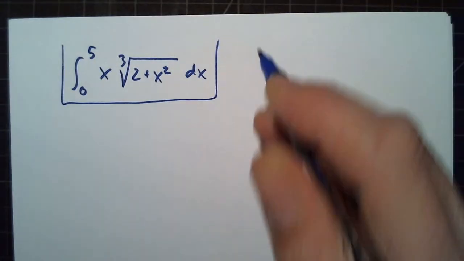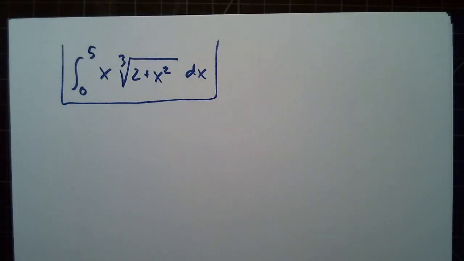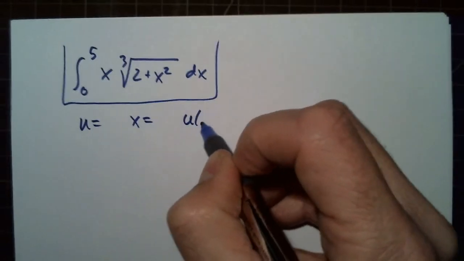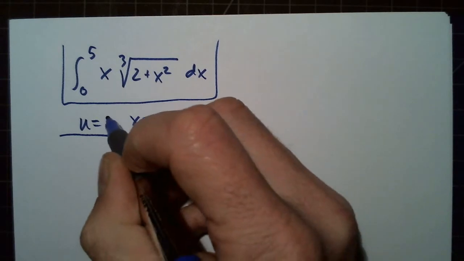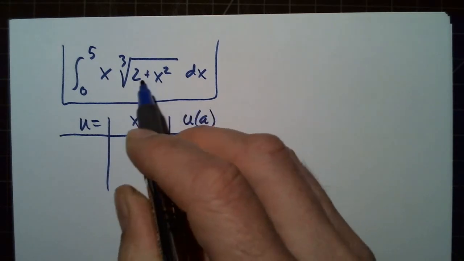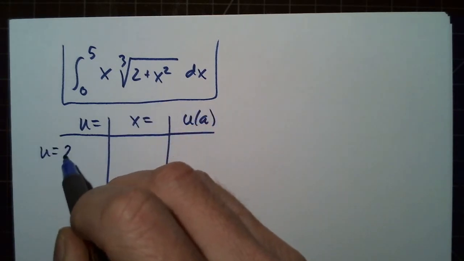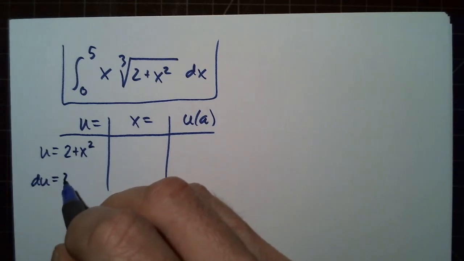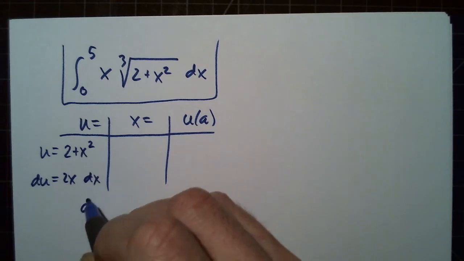Alright, pause the video and try that one. We see an inside. The differential of u is 2x dx.